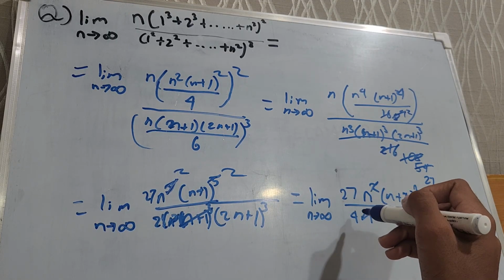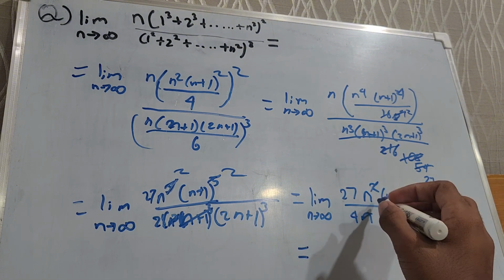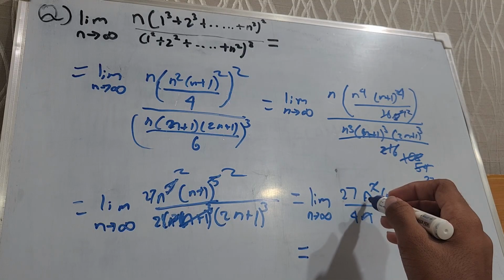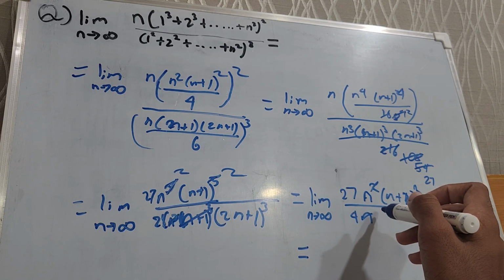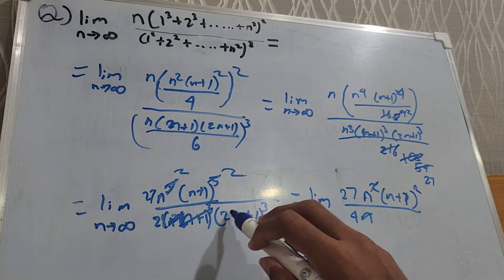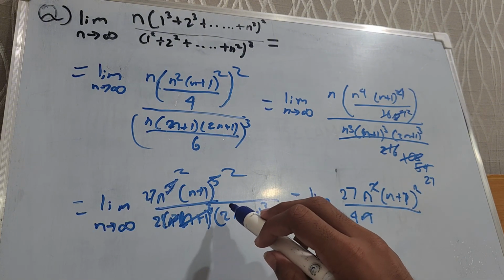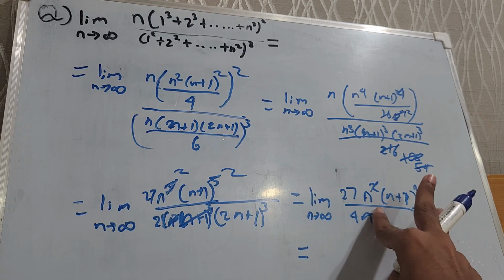So now I guess we can try substituting. Oh, n is still here, right? We have to remove this n. We're supposed to remove that one. Oh yeah, here we get n, right? N cube will get outside. Yeah, n cube outside.